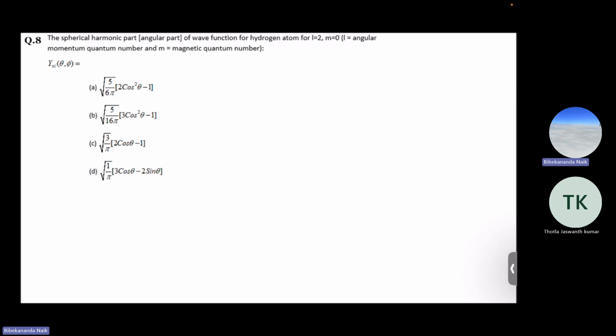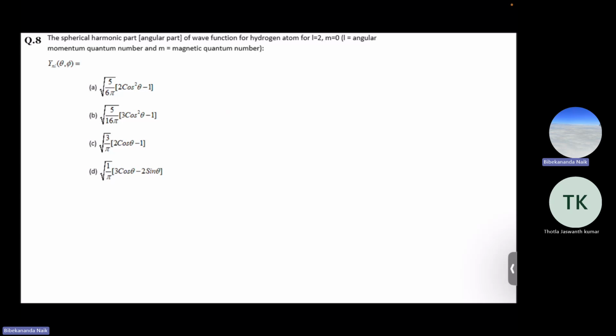Question number 8 says, the spherical harmonics part, that is the angular part of the wave function of the hydrogen atom, for l equal to 2 and m equal to 0, Y(theta, phi) is equal to, the options are: option A, root over 5 by 6 pi times 2 cos square theta minus 1; option B, root over 5 by 16 pi times 3 cos square theta minus 1; option C, root over 3 by pi times 2 cos theta minus 1; or option D, root over 1 by pi times 3 cos theta minus 2 sin theta.